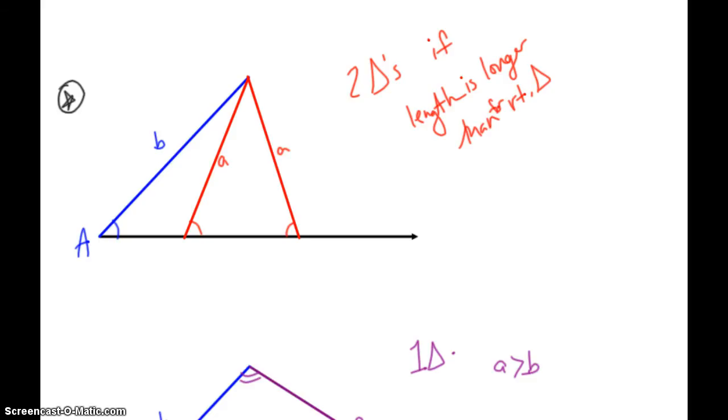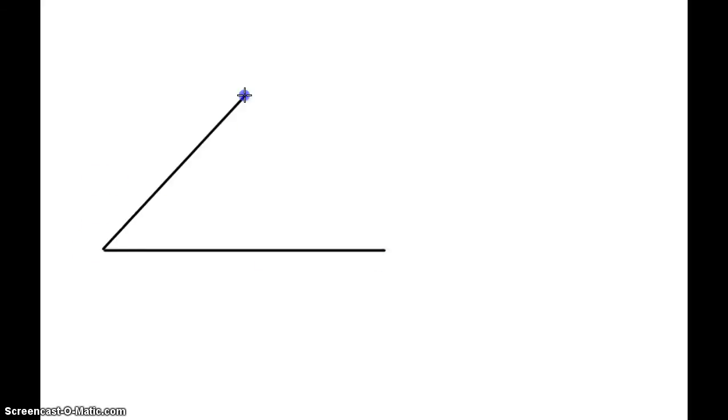Okay, so let's take this situation. I'm going to give you some numbers and we're going to figure out how many triangles we have before we go on to solving them. So let's say I take that same scenario. I'm going to draw myself the same picture we just had. But now I'm going to put some measurements on it. So instead of just saying angle A, I'm going to say that angle A is 35 degrees and side B is 14 units.